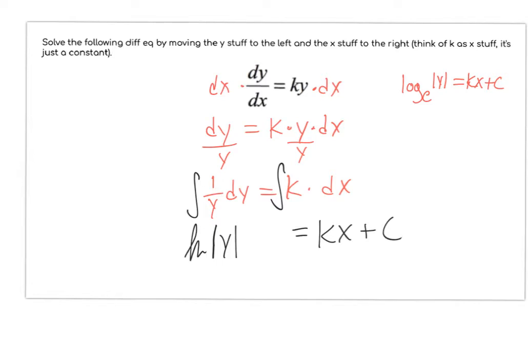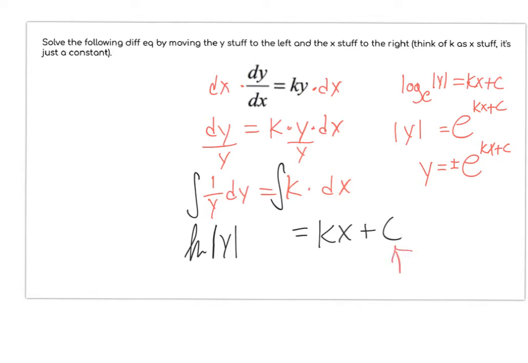So I'm going to rewrite this as e to the kx plus c is equal to the absolute value of y. And what we end up getting out of this, since we have absolute value, that's really looking at a plus or minus version of this e to the kx plus c. At this point, our equation has been solved. We'll be able to figure out if this is positive or negative at a later point.